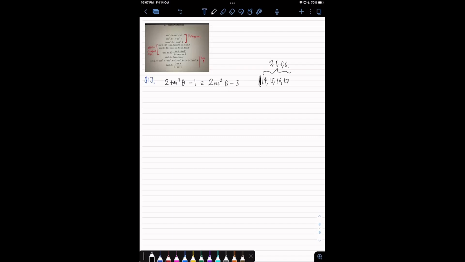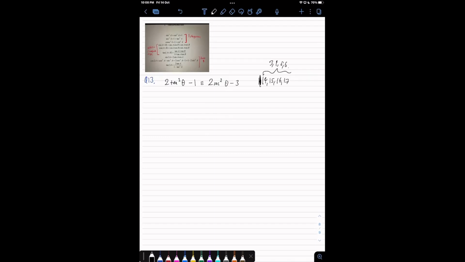How do we solve this? This should be a bit easier. What do you see here? You see tangent square, secant square. You're gonna substitute with sine. Let me think a bit.